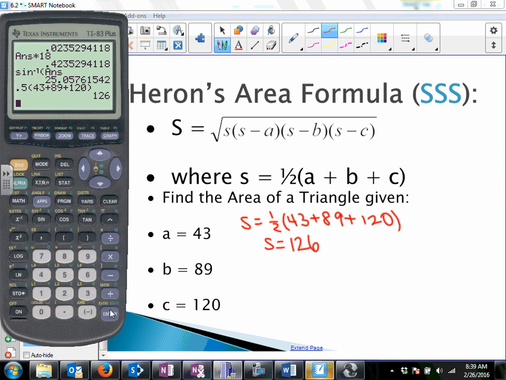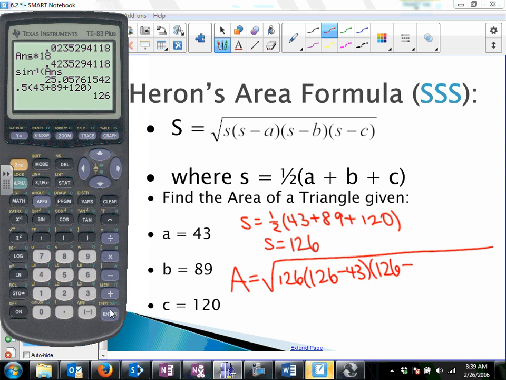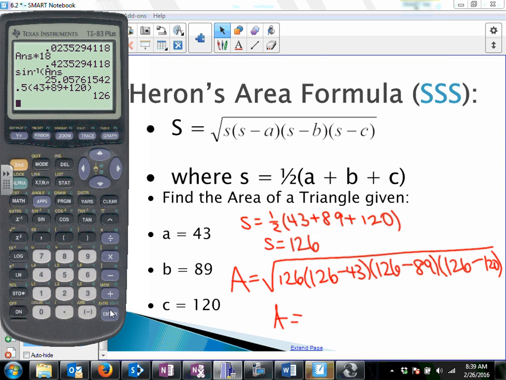Okay. So then our area is the square root of s times s minus a times s minus b times s minus c. Now, instead of finding each of these differences and then taking the square root, you're going to type things into your calculator anyway.